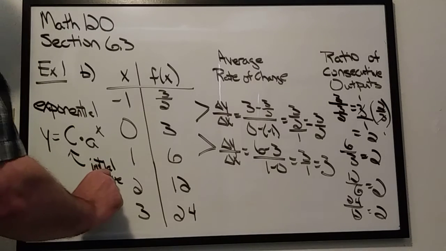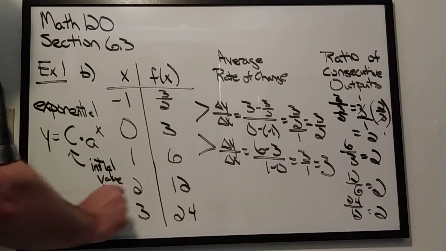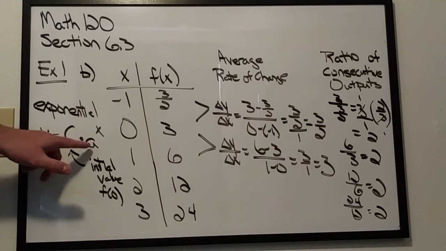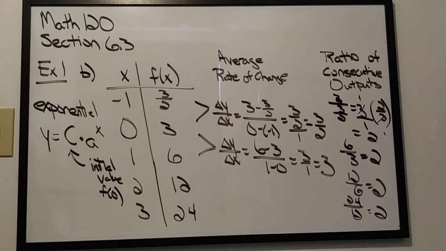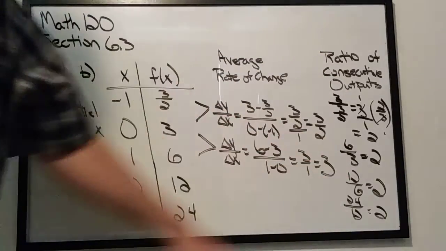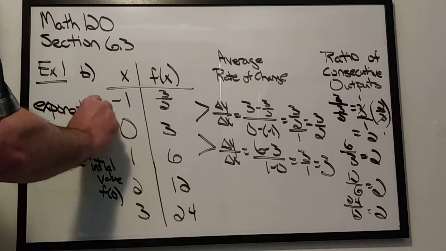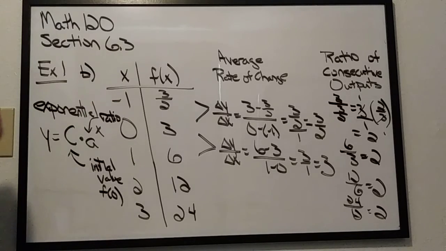So the initial value is the same as f of 0. So now that we have that information, let's figure out the last piece that we need, and then we're going to have our function. A here, in fact, is the ratio of consecutive outputs, which was constant throughout this particular problem. So let's make that comment as well. It is the ratio we found.